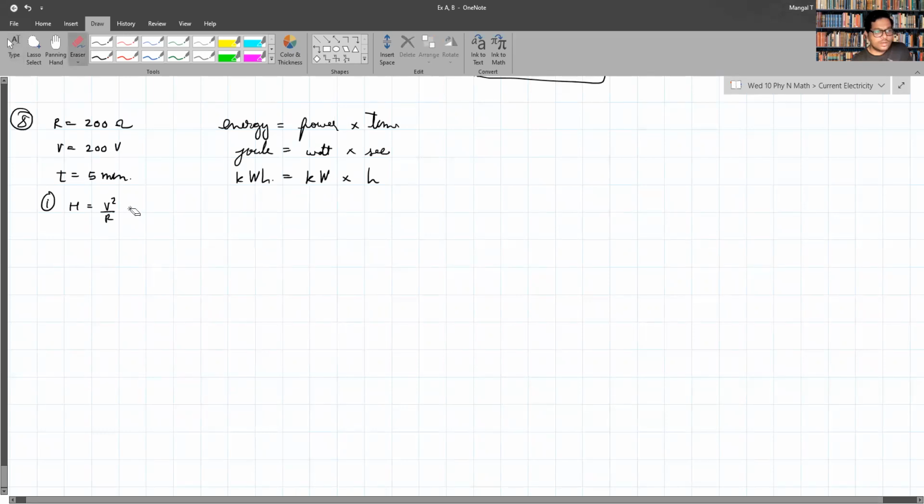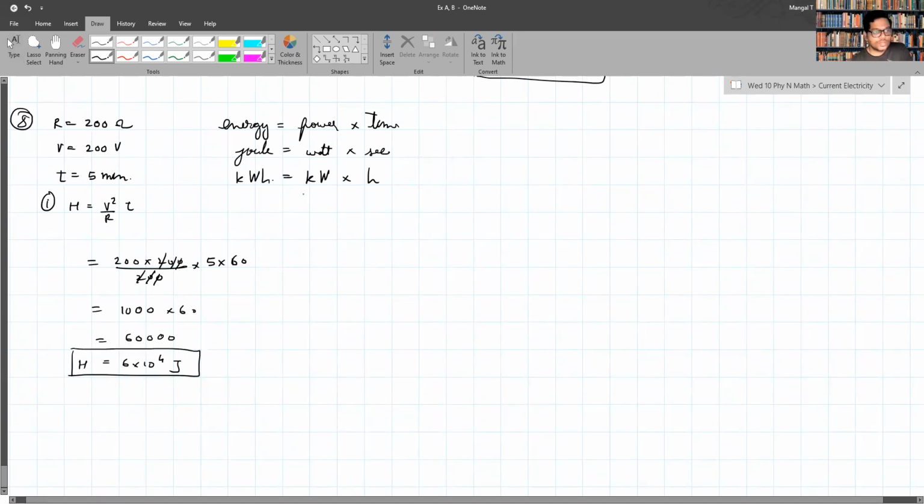V square upon R into T. That is 200 and 200, and R is 200, and time is 5 minutes, so that is 5 into 60. This whole thing gets cancelled, and 5 into 2 will be 1000 and this will be 60. So 6 into 10 to the power 4 joules will be the energy.